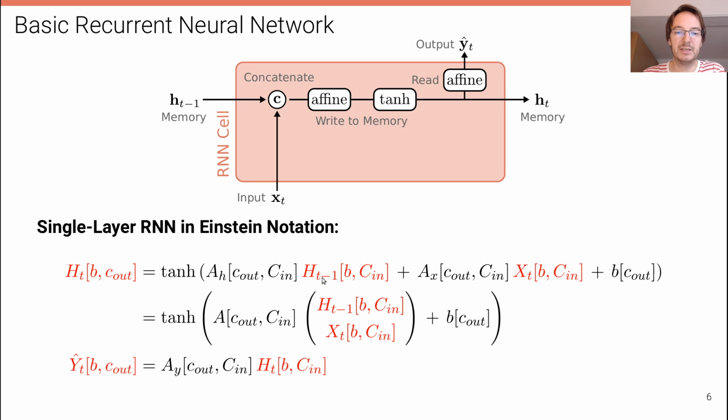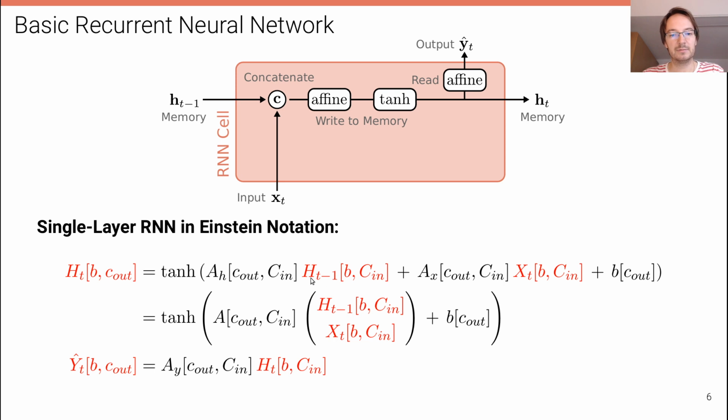You can also see that we are expressing this summation over the product of AH and H as this capital letter CIN, as this is an implicit definition in the Einstein notation to sum and multiply over these. And we do the same here for AX and XT, and then we have the bias.